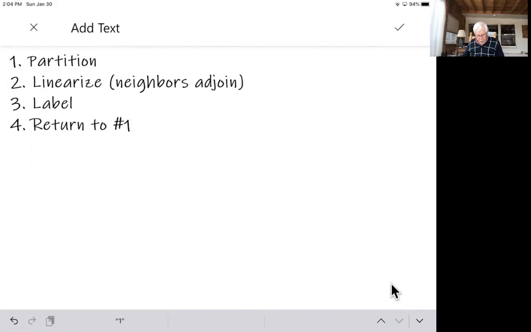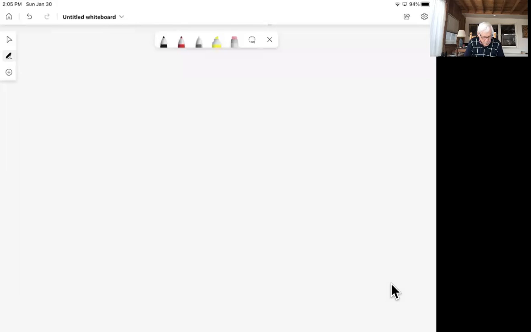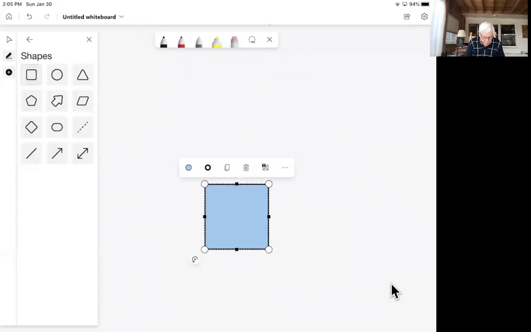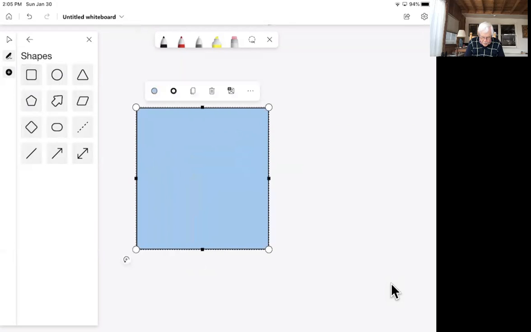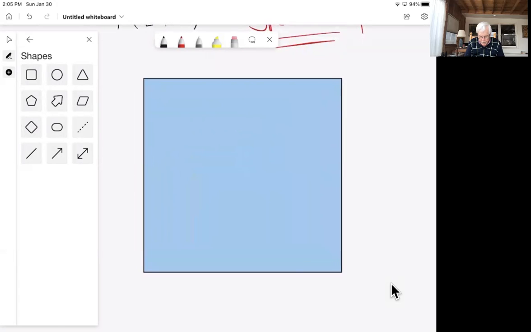Okay, so let's begin in the range. So we'll begin doing this process by working in the range. Our beginning is the unit square. So we will begin doing this with the unit square.